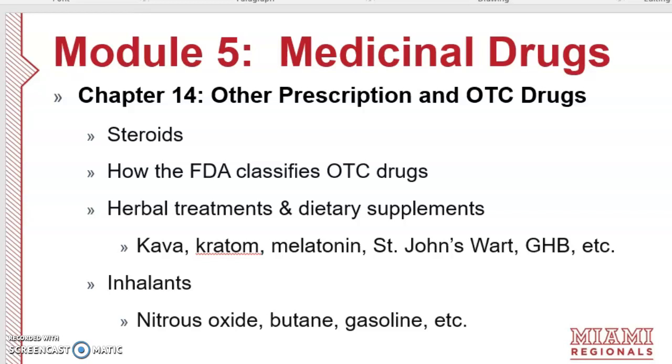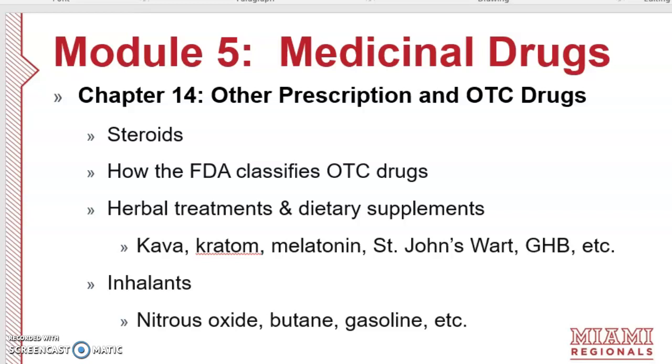We'll also evaluate how the Food and Drug Administration classifies over-the-counter or OTC drugs, and why some things are allowed over-the-counter versus other things need a prescription. Then we'll talk about some herbal treatments and dietary supplements that people take for a variety of reasons, including things like to help with anxiety, like kava, to help with pain, or even opiate addiction like kratom, to help with sleep, like melatonin, to help with depression, like St. John's wort.